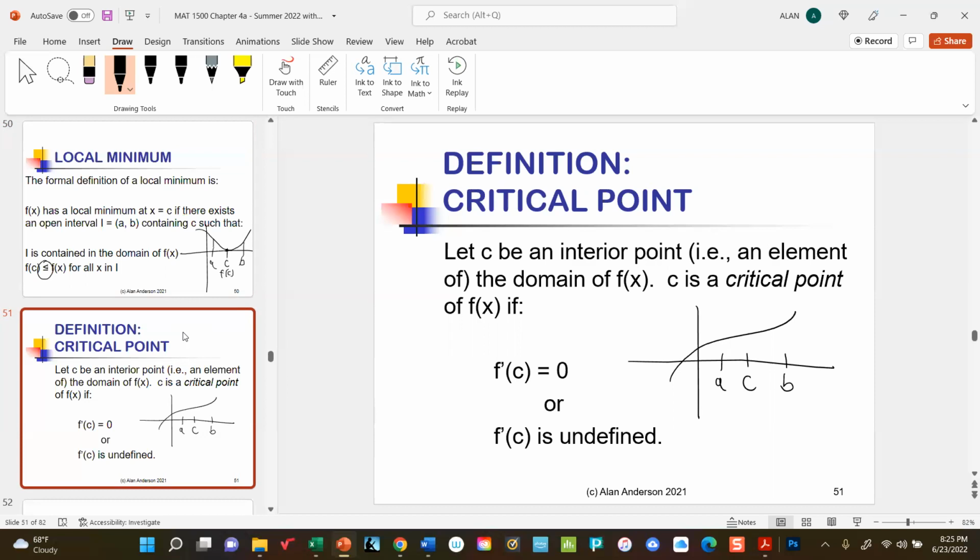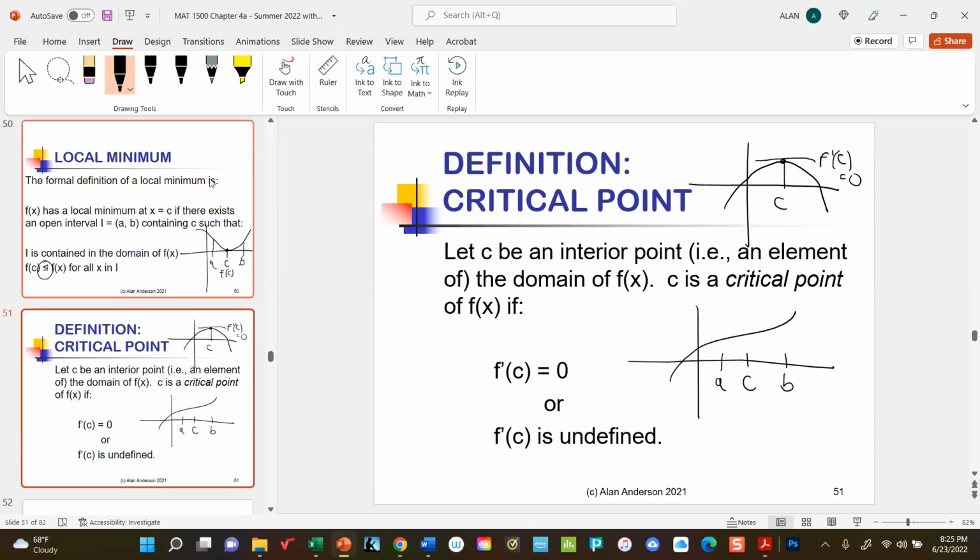It turns out that if at that point we have one of two things, let's say we have a derivative of 0, meaning that the tangent line is flat, or possibly if we have something like this going on, at this point, f prime of C is undefined.